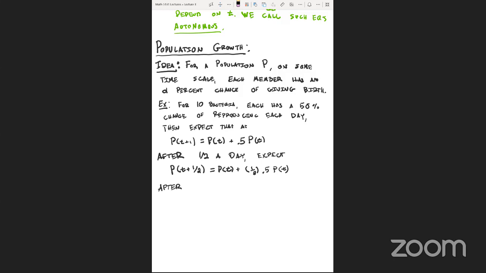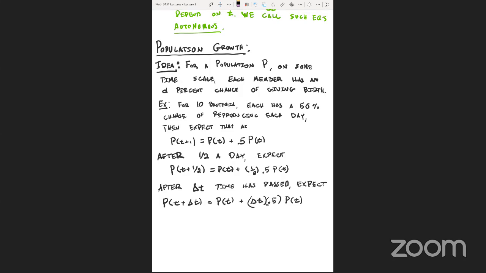So after 2 days, we would expect the population to double. And in general, after delta t time has passed, what does that mean? It means that we expect P of t plus delta t is P of t plus delta t times 0.5 times P of t.